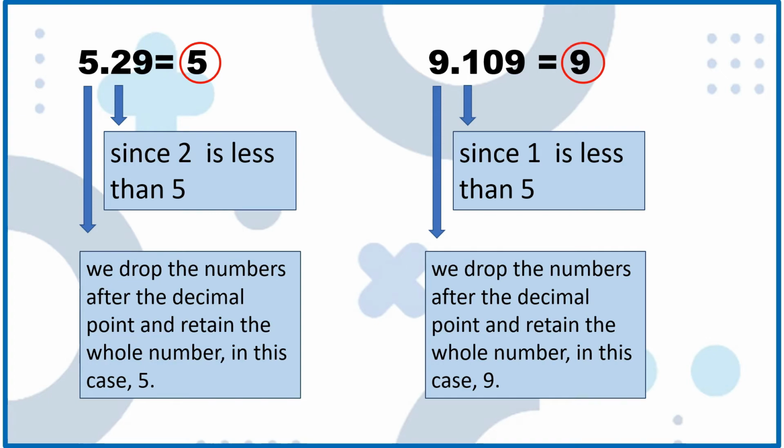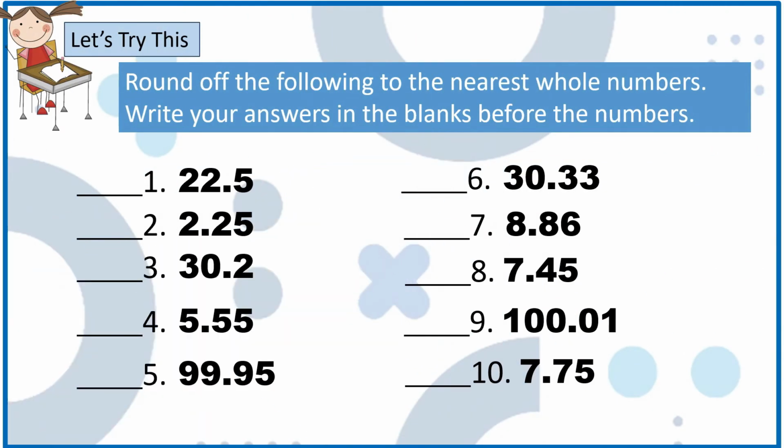Okay, let's try this. Round off the following to the nearest whole numbers. Write your answer in the blank before the number.